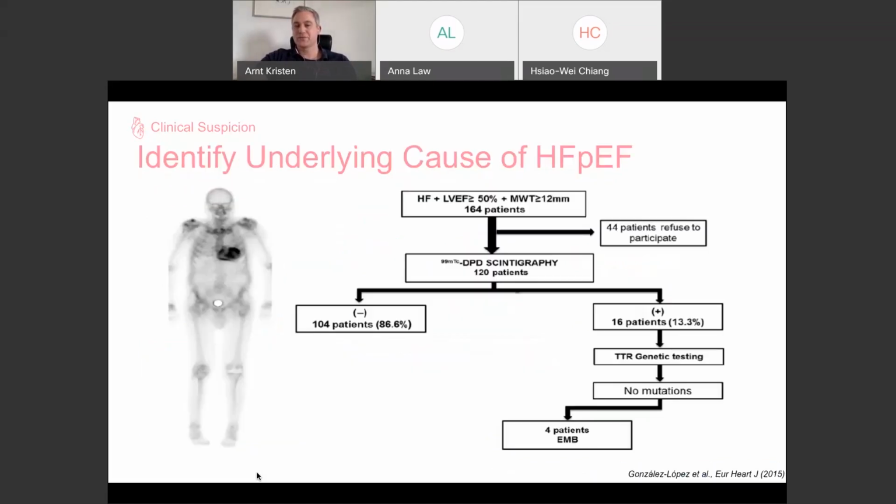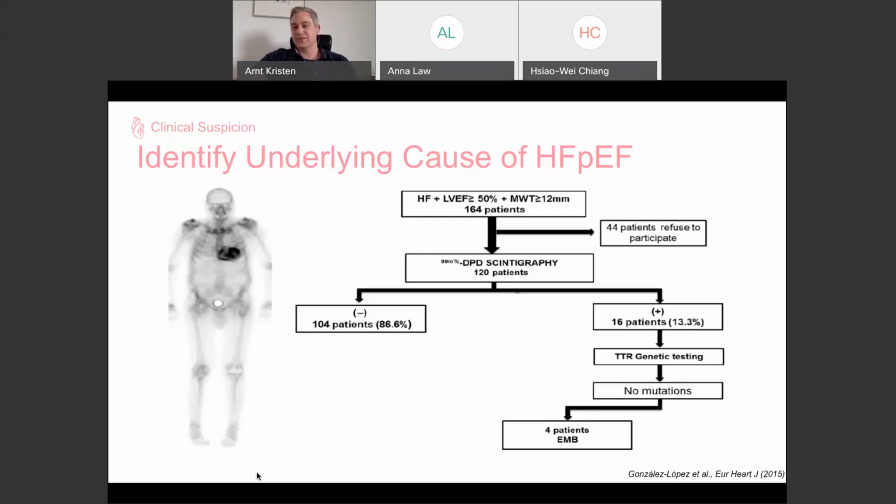Moreover, in patients with HFpEF, with heart failure with preserved ejection fraction, a high prevalence of these patients presents with cardiac amyloidosis, as shown in this series from Spain. They evaluated patients with HFpEF by skeletal scintigraphy and found a prevalence of 13% of the patients presented with symptoms of heart failure and preserved ejection fraction presented to a hospital having cardiac amyloidosis as the underlying disease.